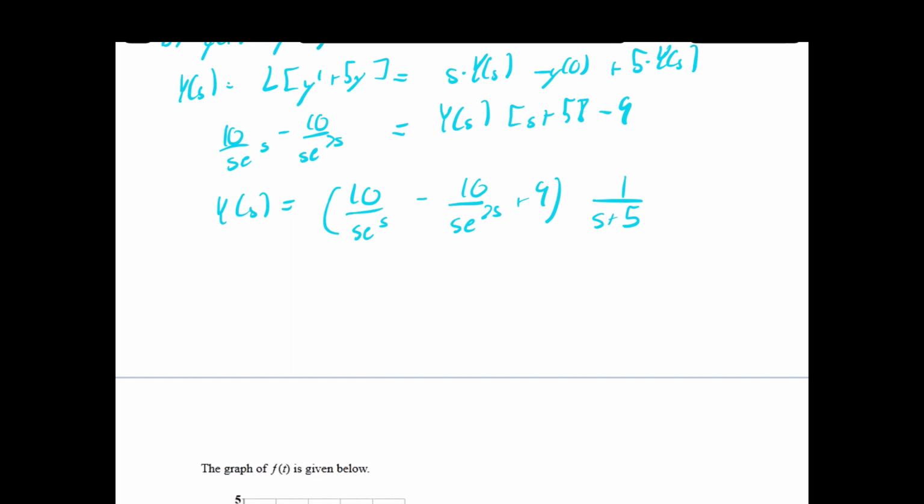Now they asked me, by taking the inverse Laplace of your answer to b, the solution y(t) can be written in the form blah blah blah, and then enter everything else accordingly.